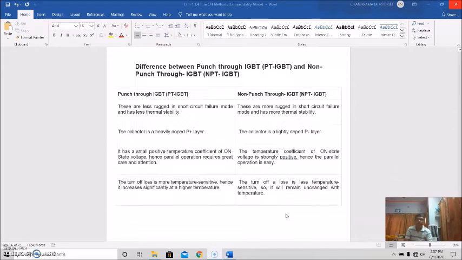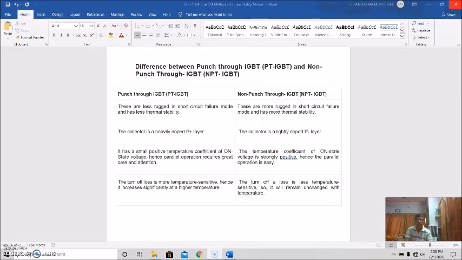Now, with this, we can draw the differences between punch through and non-punch through IGBTs. Punch through IGBTs are less rugged in short circuit failure mode and have less thermal stability, whereas non-punch through are more rugged in short circuit failure mode and have more thermal stability.